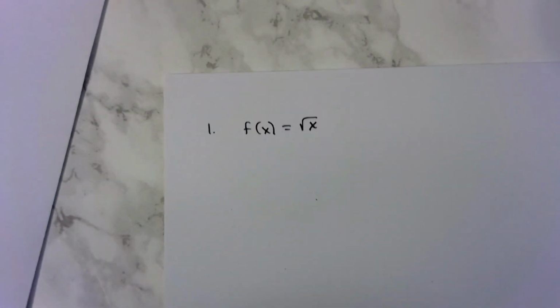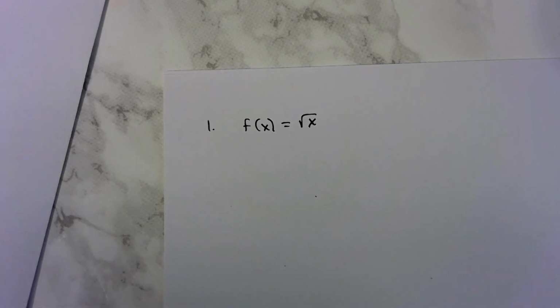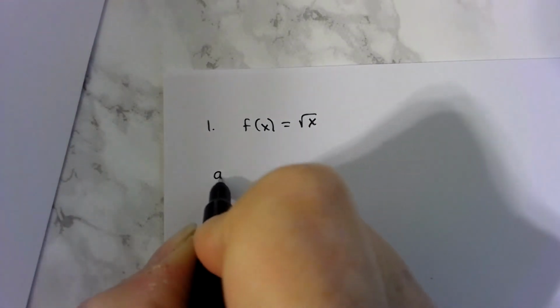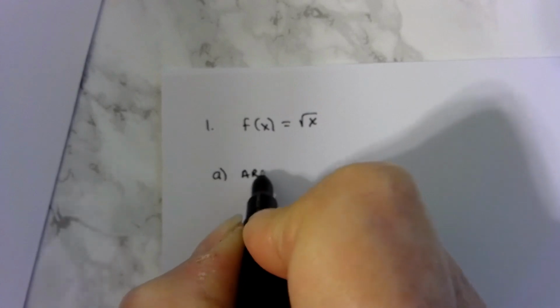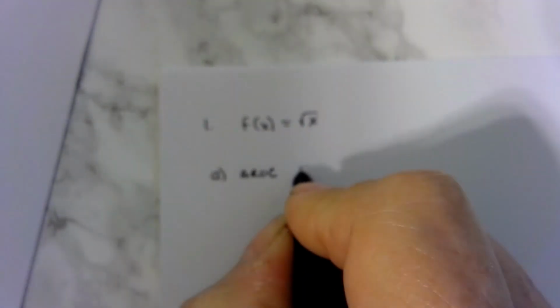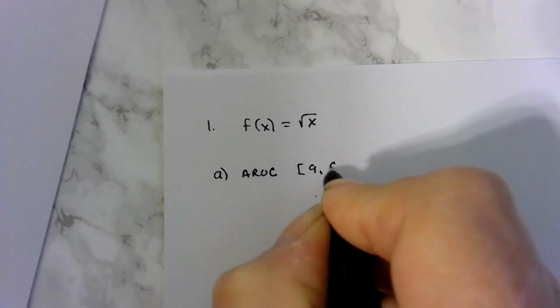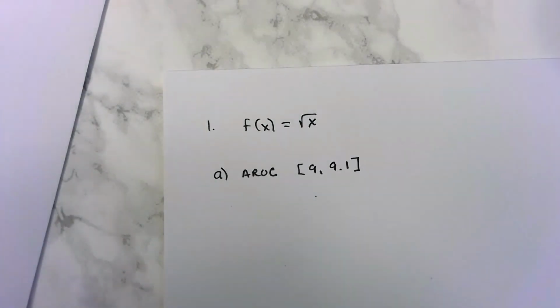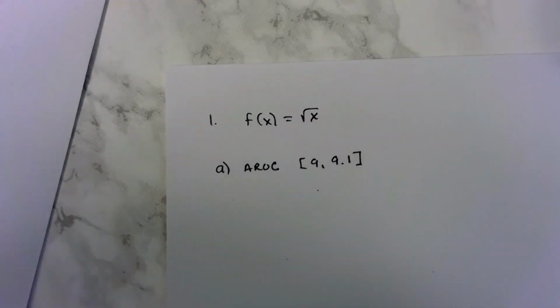And this is definitely a calculator problem, so I have my calculator handy. And in part A, we want to find the average rate of change between 9 and 9.1. So x equals 9 to 9.1, so that's the interval I'm working in.